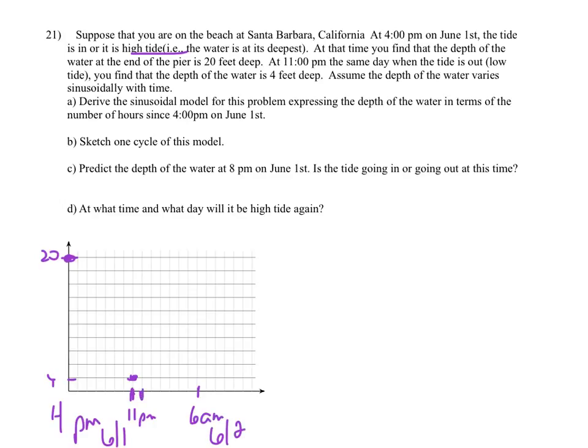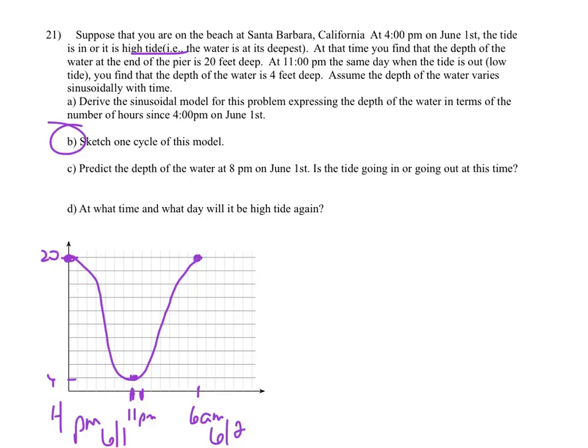Right here at 12 o'clock is where it changes to June 2nd. So now we make it at this time, and it's back at high tide. And we'll continue this model. You could keep going, but it does say you only have to sketch one cycle, so that's what I did.